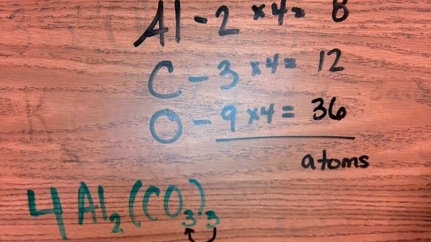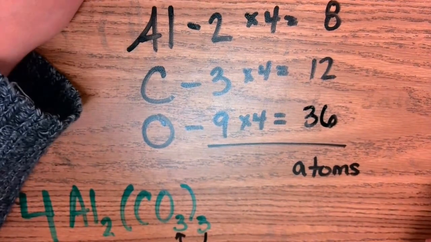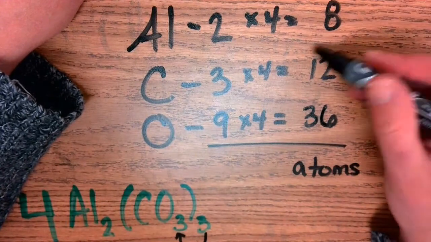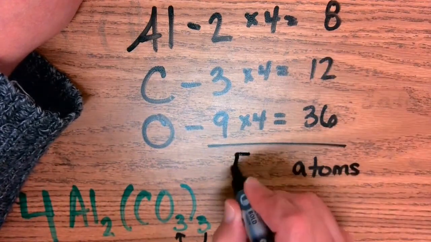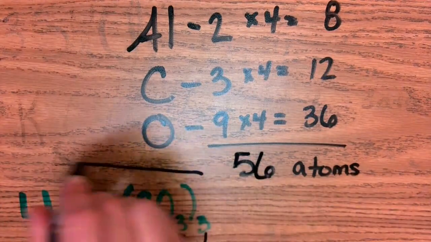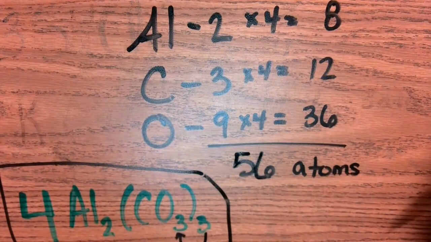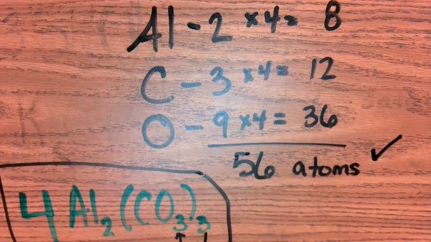Sorry, I'm doing head math. By all means, feel free to grab a calculator and do these so you know them for sure. Now I just add them together, so I would have 8 aluminums plus 12 carbons would be 20, plus 36 oxygen would be 56 atoms total in this many molecules of aluminum carbonate. Hopefully you got that correct. Hopefully you paused the video to try.